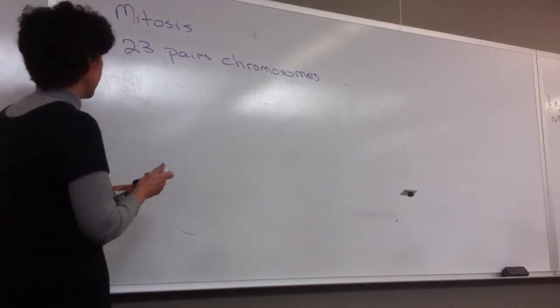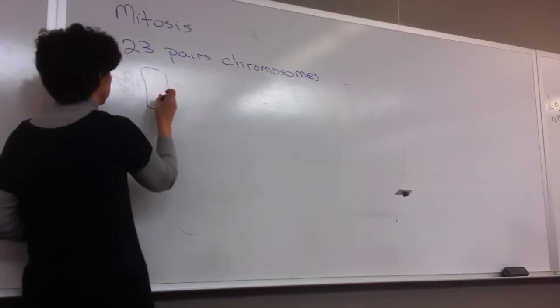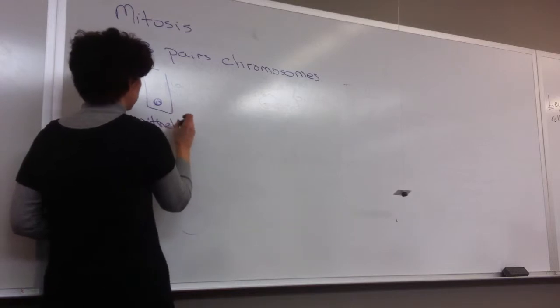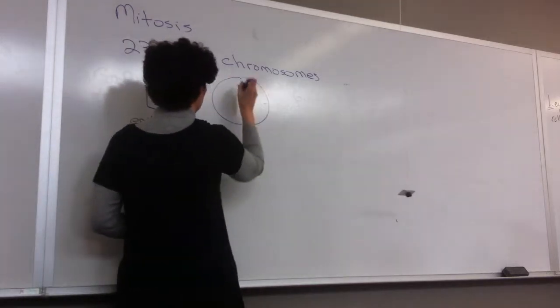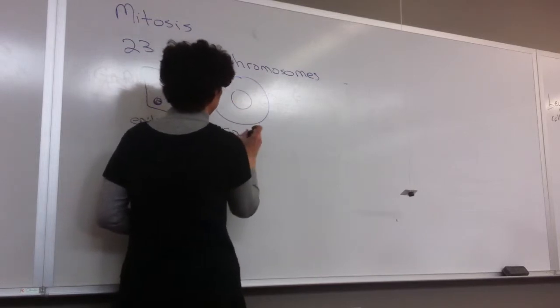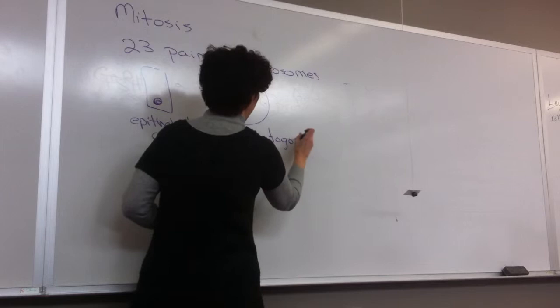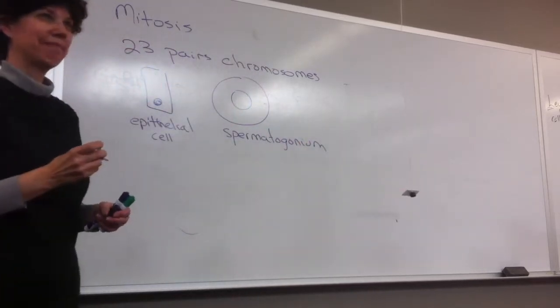So whether we're looking at an epithelial cell, a muscle cell, or the spermatogonium, all of these cells are going to have 23 pairs.